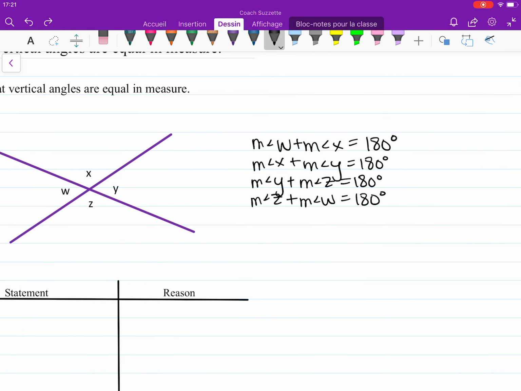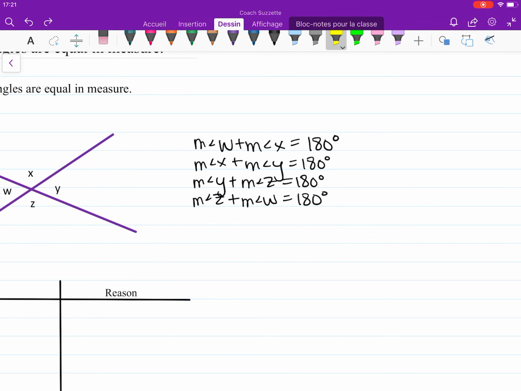So if I had something like X and Z, if I could somehow get those two equal to each other, then we're in business. Well, notice that they both have something in common. So that means we can rewrite both of these equations. We can solve for the measure of angle W in terms of the other variables. So what would that look like?